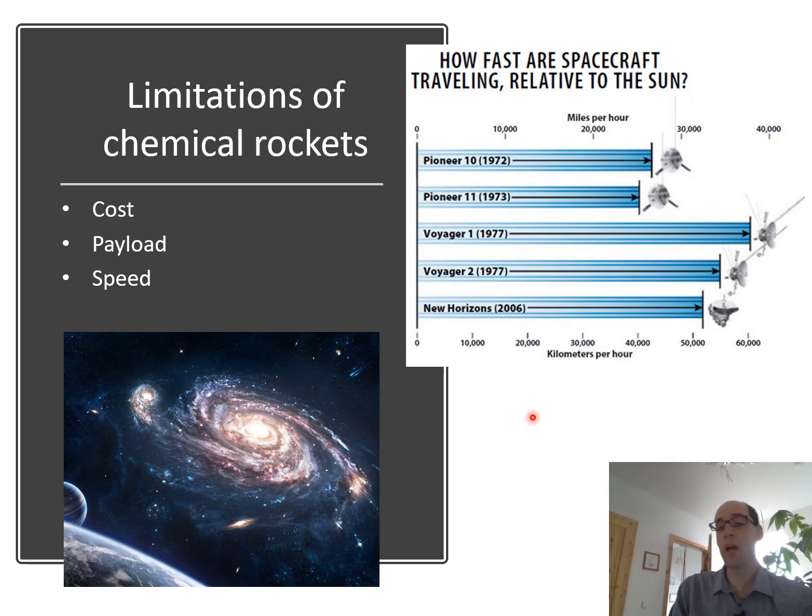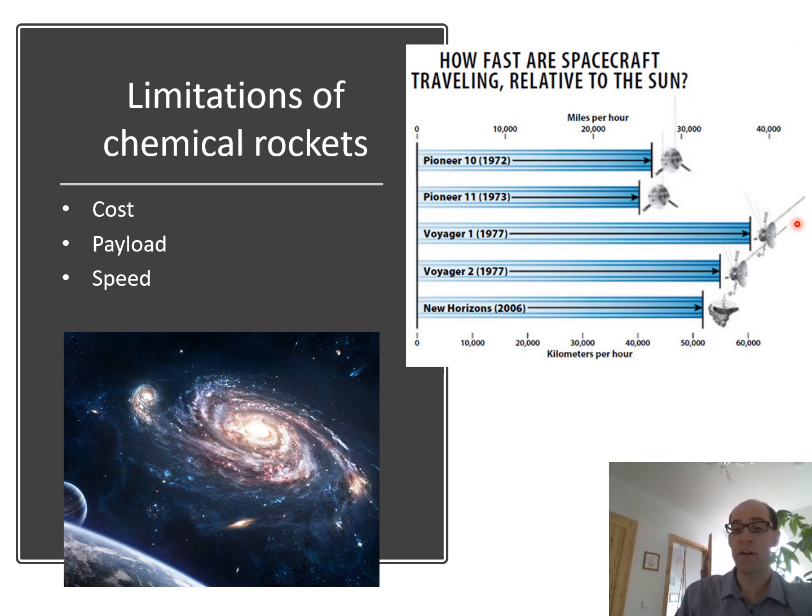These are the only probes that have actually gone to the edge of the solar system and are continuing. Now, they are all traveling in the region of 50 to 60,000 kilometers per hour, which obviously sounds very fast because, you know, my first car only lasted for about 180,000 kilometers before it disintegrated. So that would take one of these space probes about 3 seconds. So to me, very fast.